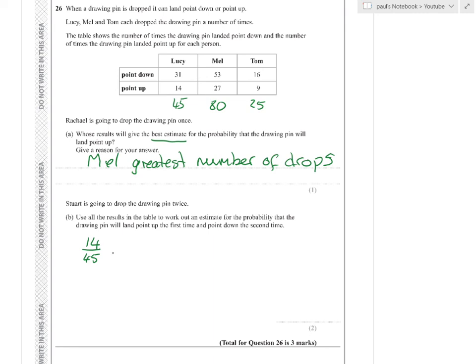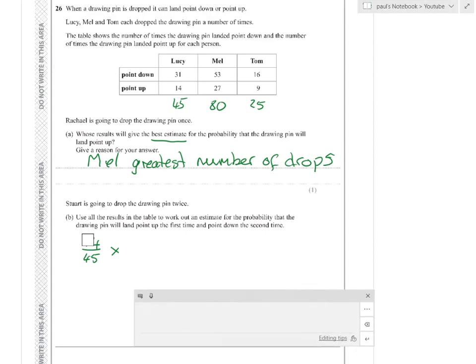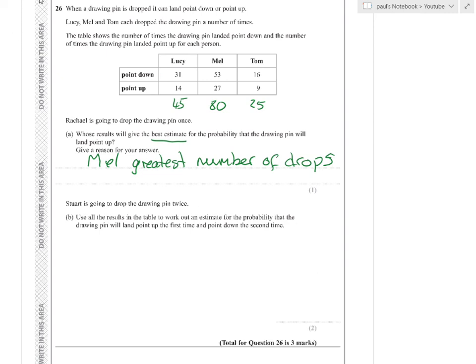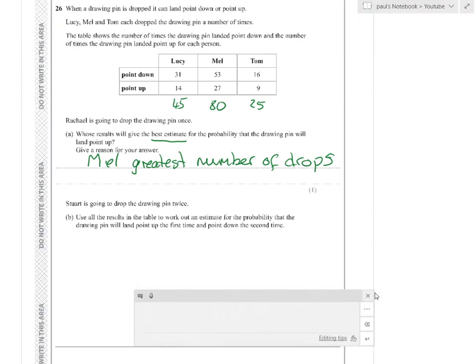And then point down. I'm only doing Lucy's, aren't I? Perhaps I should add them all up together to do the overall. Yeah, I think I'll add them all up together, because I've just committed ourselves to saying that Mel was the best one. So let's just add them all up together.